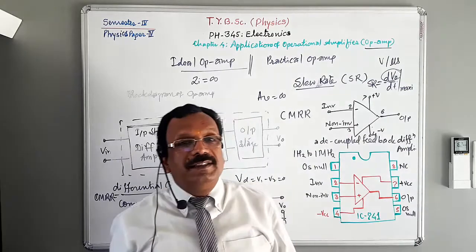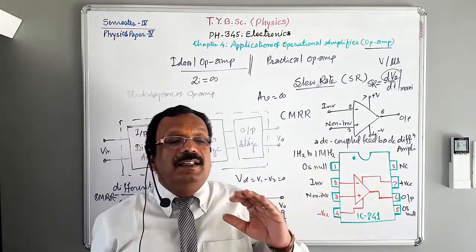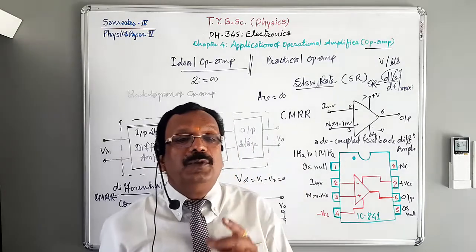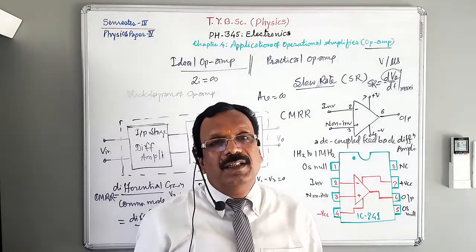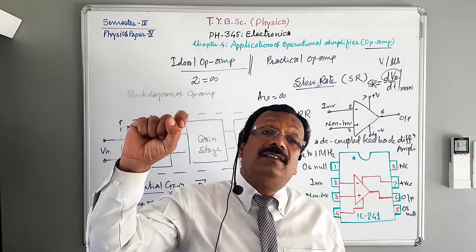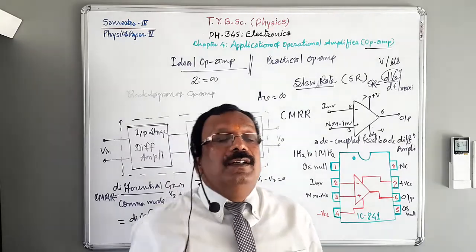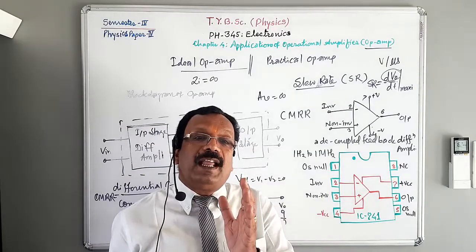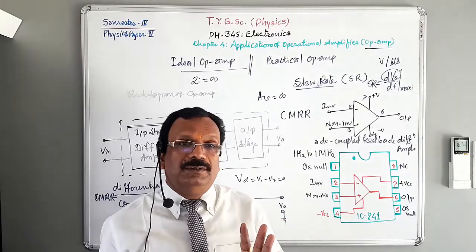When the input voltage applied is step type, which changes instantaneously, the output must also change rapidly as the input changes. Even though there is a small change in input voltage, there must be a large change in output voltage, and this is the slew rate. If the output does not change with the same rate as the input, then distortion occurs in the output.